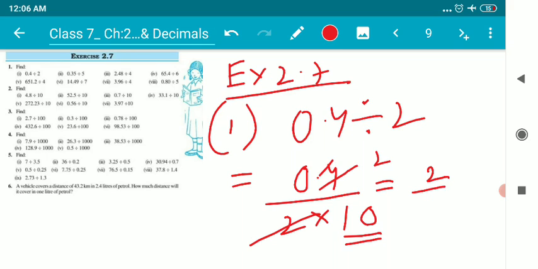You will get 2 by 10. I know you can cancel 2 and 10, but don't do that. Simply write 0.2. As there is 1 zero, the point will come before 1 digit in the numerator from the right hand side. Answer is 0.2. This is how you can solve all the questions of question number 1.